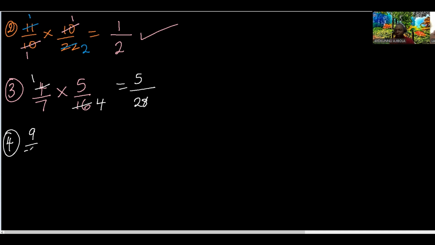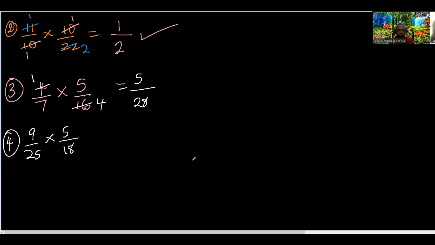So 9 over 25 times 5 over 18. Is there any number above that can divide a number below? Let's see. Is there any number at the top that can divide any number at the bottom? Yes. Which number?